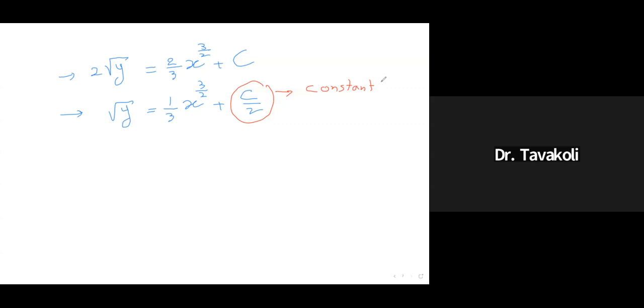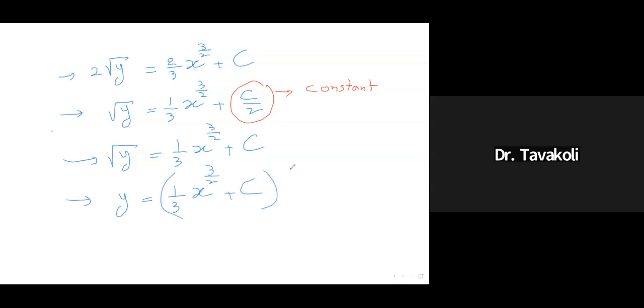So radical y is 1/3 x to the power of 3/2 plus a constant c. To find y itself, I raise both sides to the second power. So y is going to be 1/3 x to the power of 3/2 plus c, all squared. And that's the final answer.